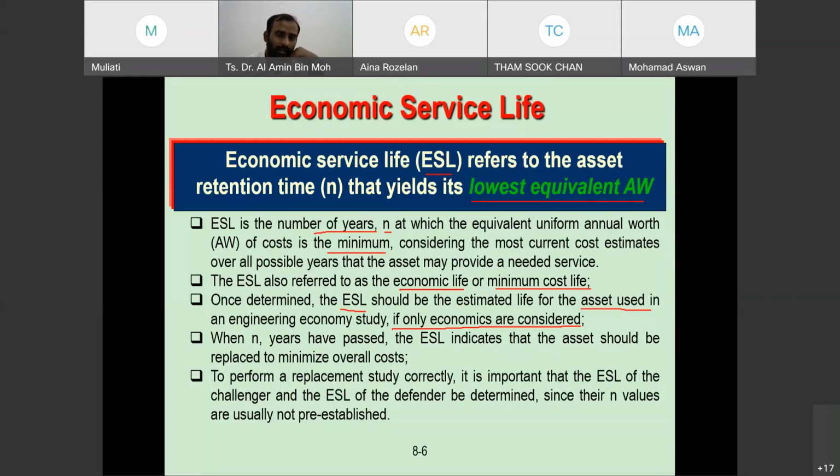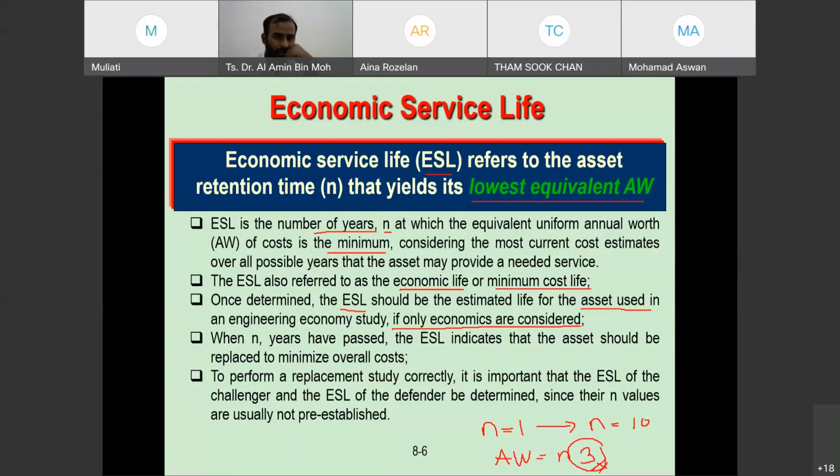Let's say when we assess from N1 to N10, we find out that the lowest AW is during N3. So we are going to say the ESL is 3. So after year 3, we need to replace.